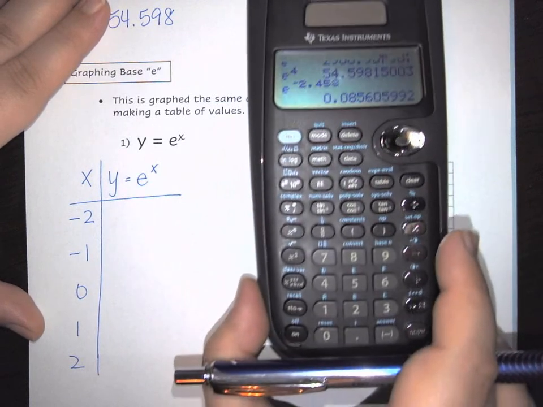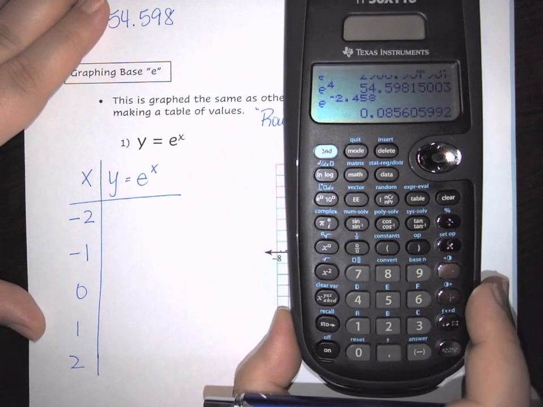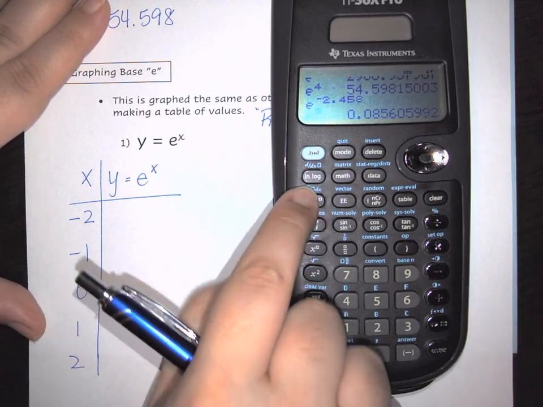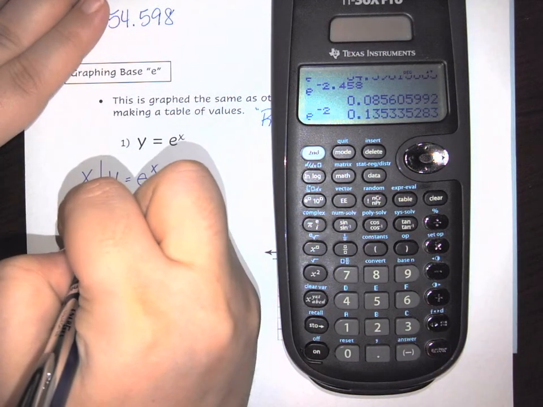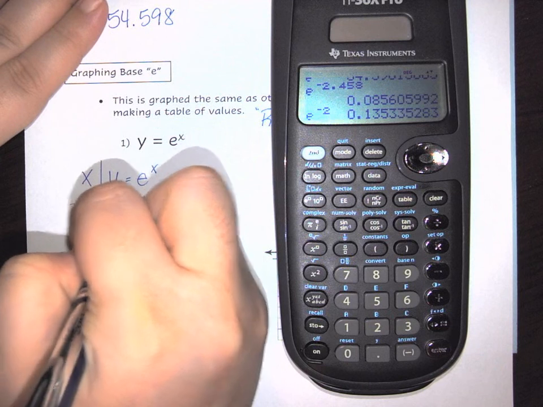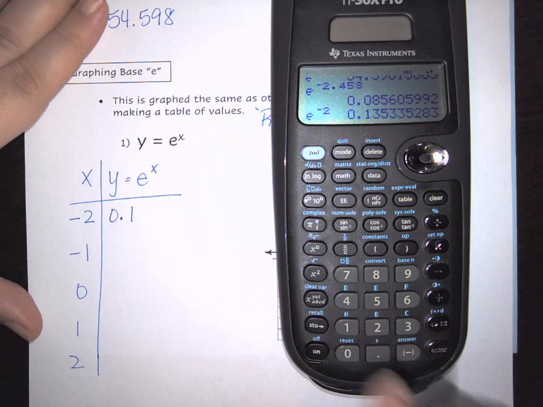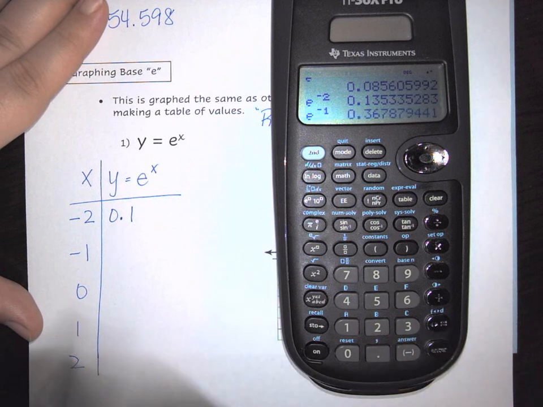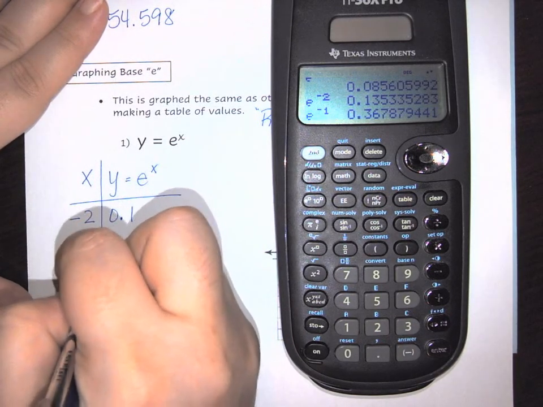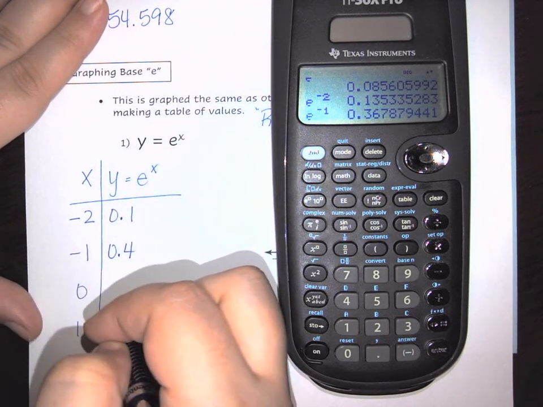And so, just like before, let me move this out of the way a little. Alright, so we can do E to the -2 and hit enter. And so here we would say that this is 0.1. Now we could do E to the -1, and this would be 0.4.